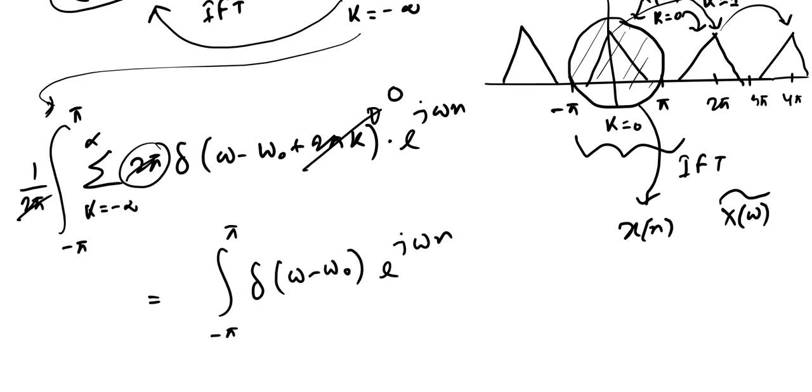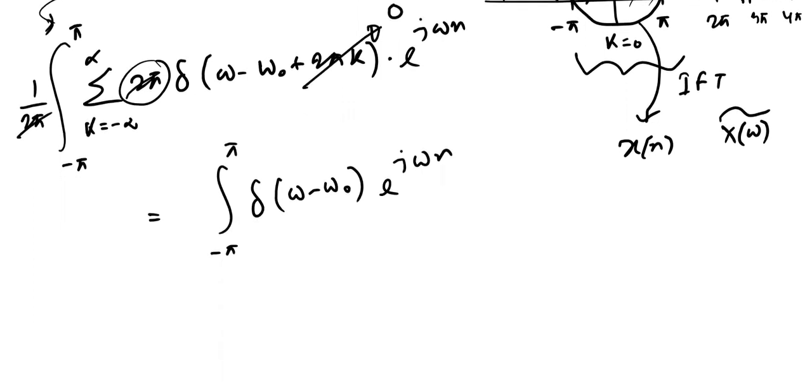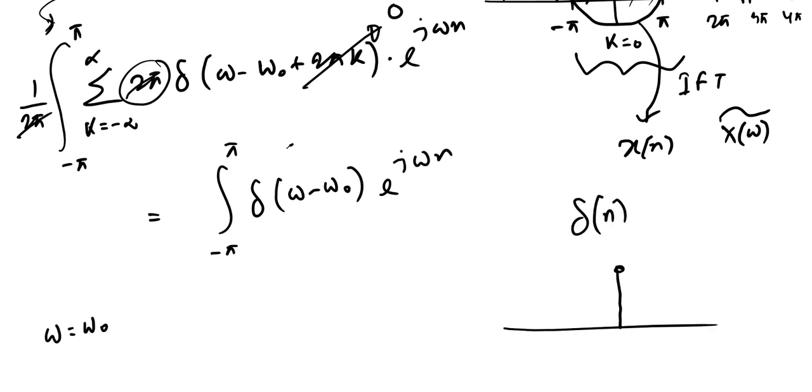For which value of omega is this true? Only for omega equals omega 0 do we have this delta value, because otherwise it gives 0. From the definition of the delta function, it only has a value at a single moment. Let's say if I put delta n, that shows that I have the value at 0 location. If I put delta n minus 1, that means I have the value at the location of positive 1.